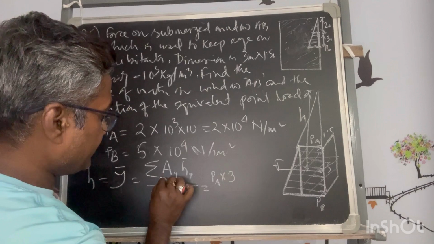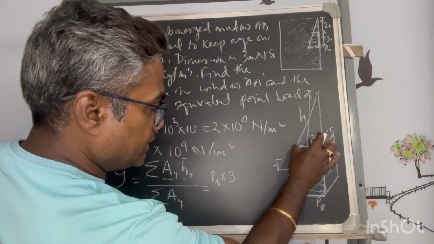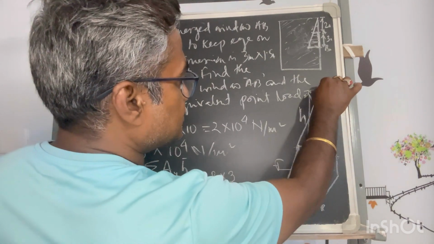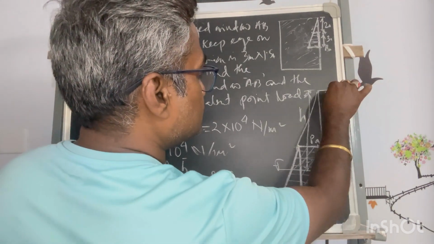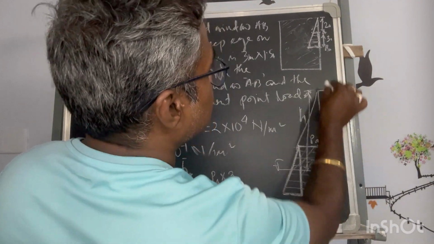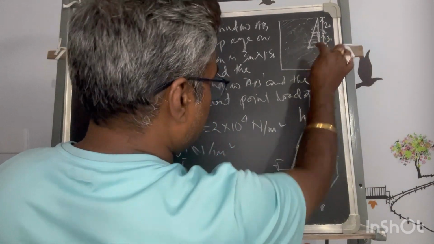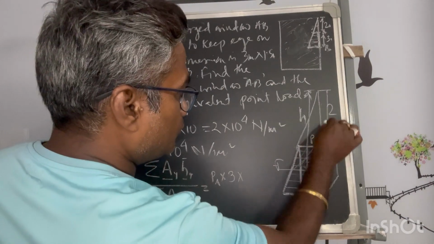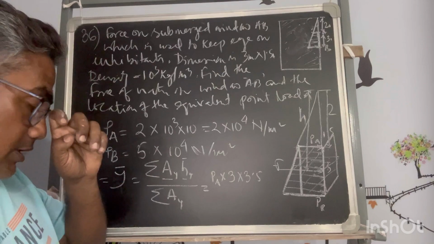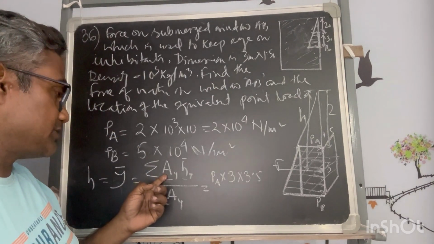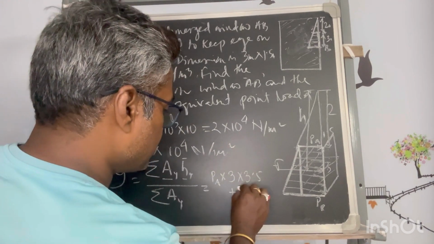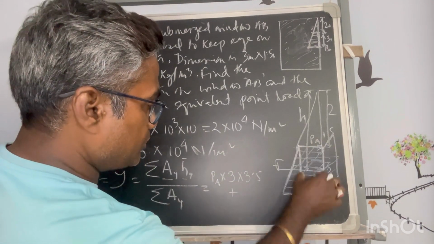This is the summation of area into CG. The center of gravity of this rectangle will be at the center. From the top it is 2 meters, plus it is at the center, that means half of 3 meters, so 2 plus 1.5, that means 3.5. This will be calculated on the basis of area into the CG of the particular figure, and I am taking the sum because it is distributed into two figures.